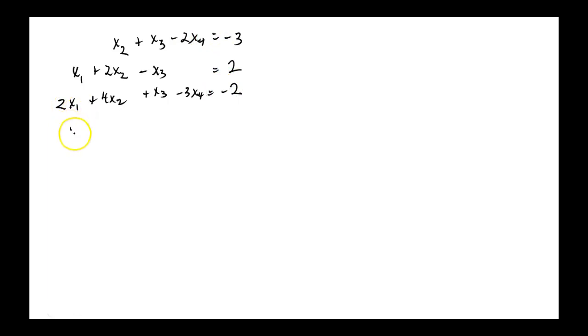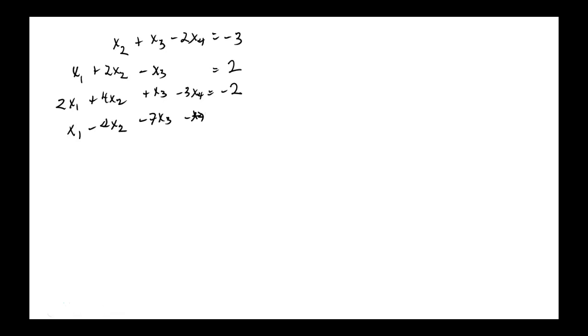And the last equation, x sub 1 minus x sub 4 minus 4x sub 2 minus 3x, I can't read, minus 7x sub 3 minus x sub 4 is equal to negative 19.